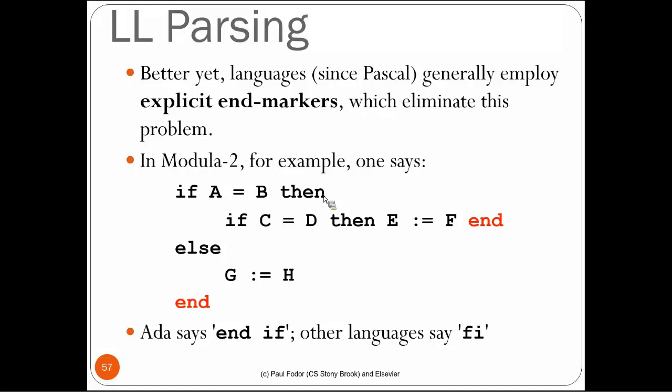For instance, in Modula-2, the nested if statement inside ends with the first keyword end, and the other if statement is paired with the else branch and ends at the second end. Ada says end if. In the C preprocessor, it says endif. It basically reverses the if statement: an if ends with a fi.